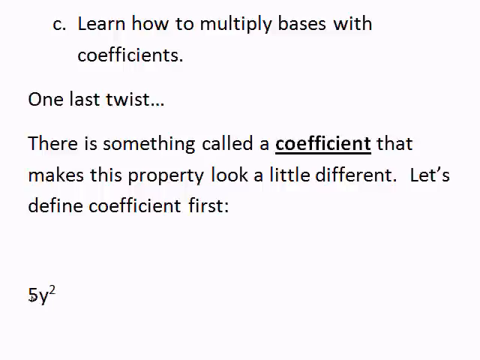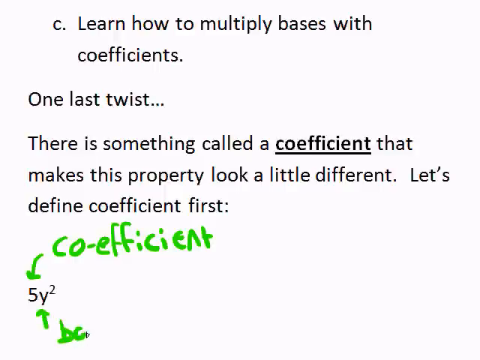Notice the 5 is the same size as the y, and it's right next to it, meaning 5 is being multiplied by the y. The 5 is called our coefficient. The y still is our base, and the squared is still our exponent.